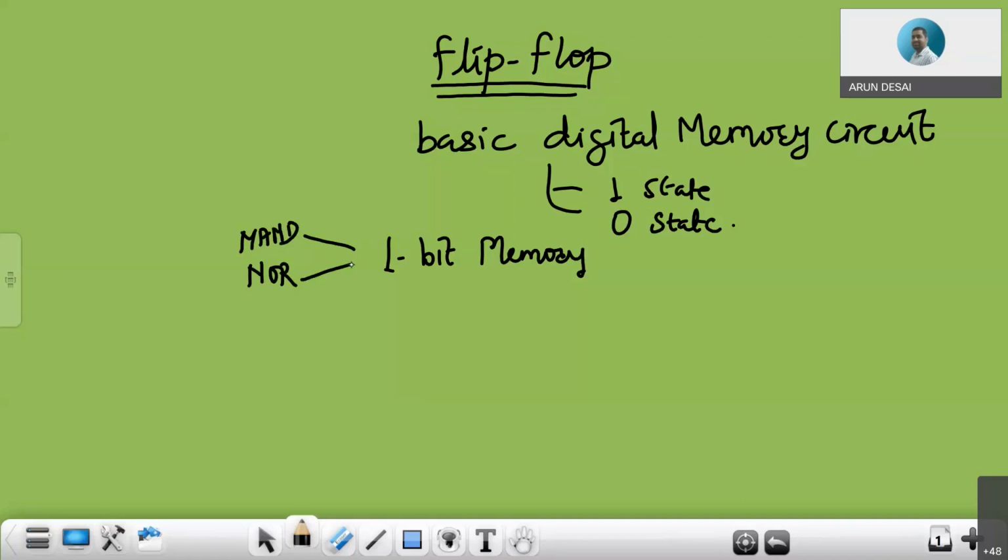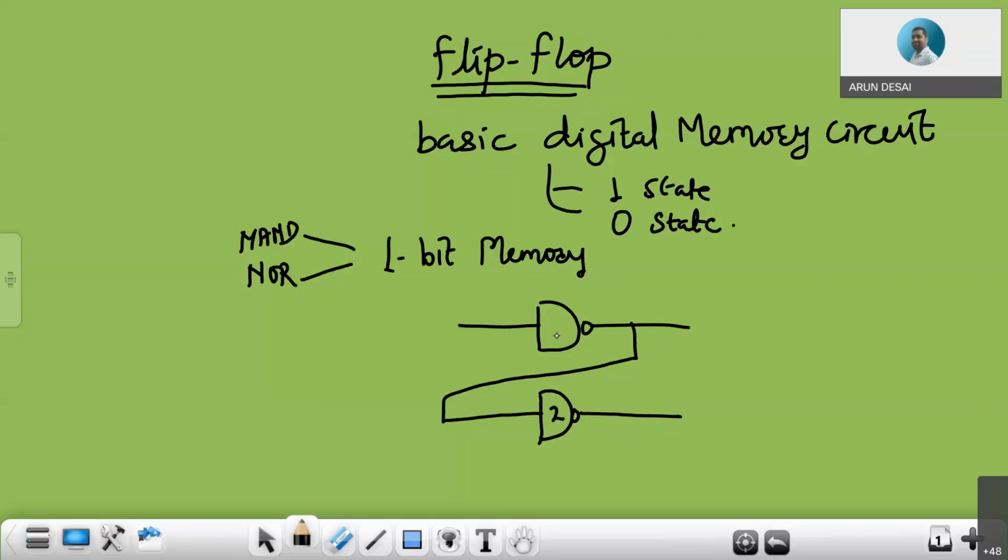If we consider a NAND gate here, then the output of one is connected to the second's input and the output of the second NAND gate is connected as input to the first. So this is basically called a one bit memory cell.